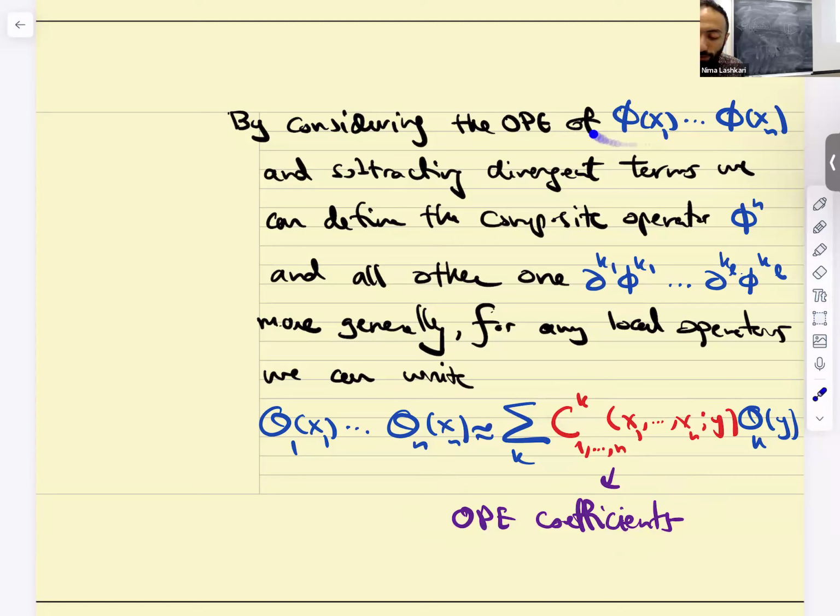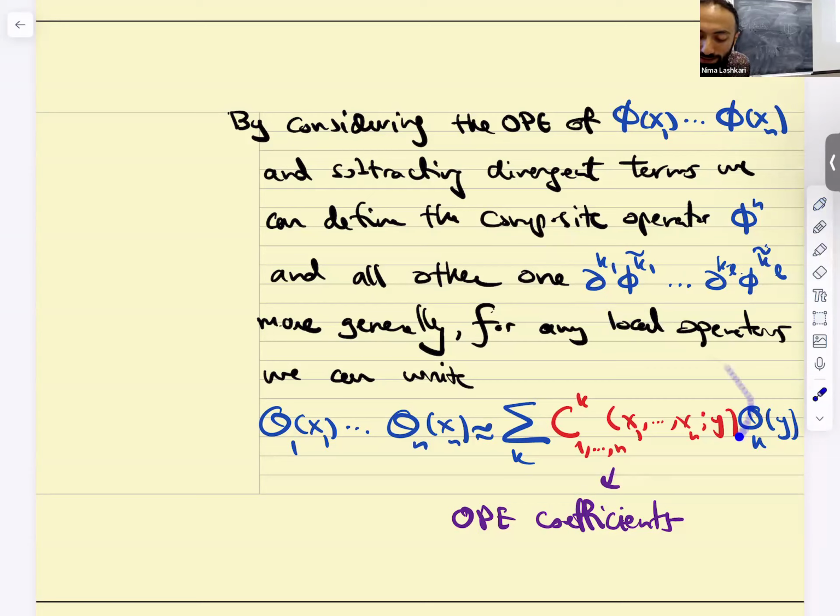And if I know this for φ(x1) to φ(xn), I can calculate everything for all these operators, φ_k1, ∂ φ_k1, φ_k̃1, φ_kl, ∂ φ_kl, φ_k̃l, right? I can calculate all of these guys. I can normalize them. I can consider composite operators, all of that.